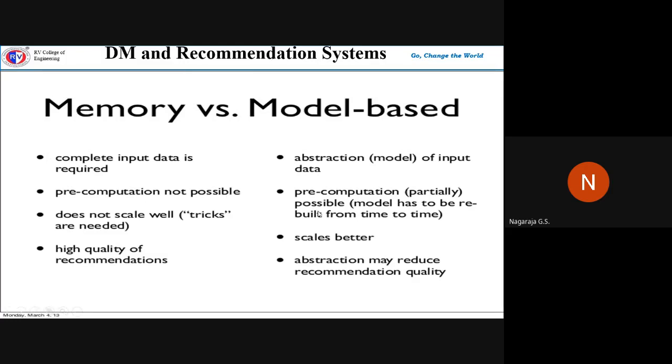But when you use a model, what will happen? You are trying to extract your data as per the model requirement, and you are processing it. Because of that, it scales better. High quality of recommendations is possible with respect to this. Here, abstraction may reduce the recommendation quality. So each one has its own merits and demerits.